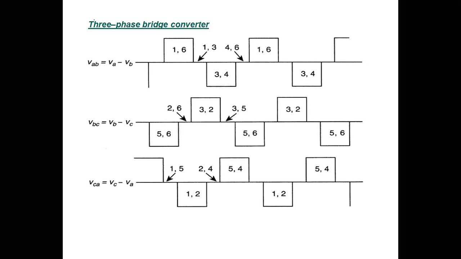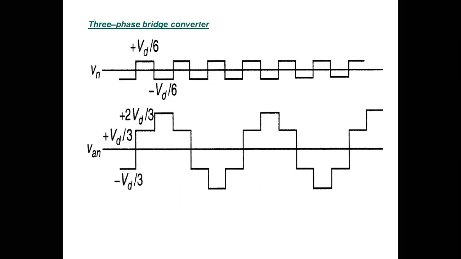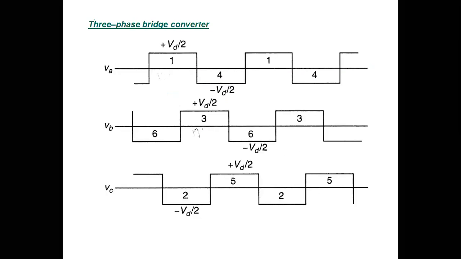Then please remember, the calculation of neutral voltage is very important. What is this neutral small n, you may ask? That is the AC side neutral. Please remember, whether it is connected to a star connected transformer or a delta connected transformer, again that transformer is connected here, as you can see in this diagram.